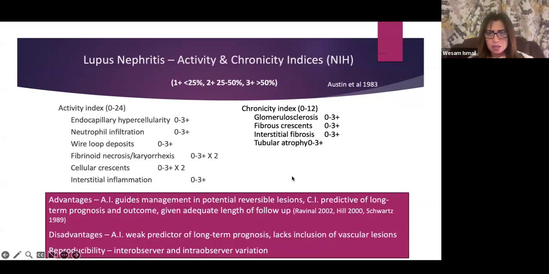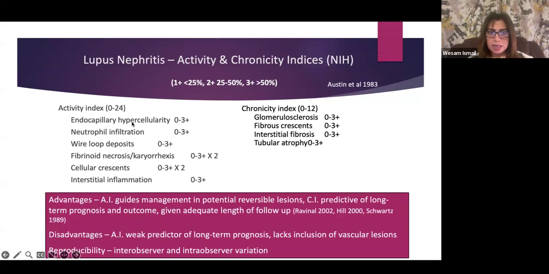However, the commonest is the Austin one, and this is what we call the NIH scoring system, and this is basically what almost everybody uses in scoring lupus GN. And this is what we call activity and chronicity indices.